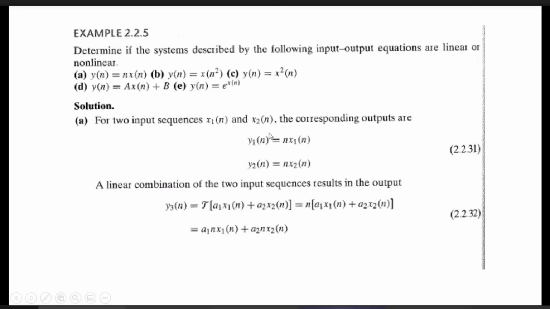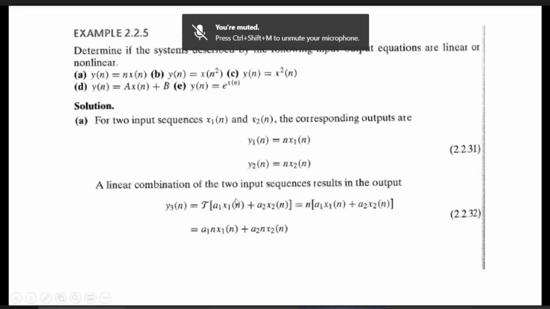First, the solution for the first example, that is n x[n]. They have taken two inputs x1[n] and x2[n], so individually we get two outputs y1[n] and y2[n].